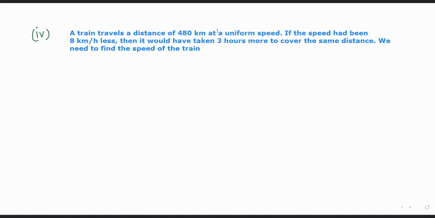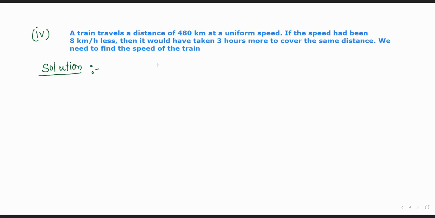All right. So you see, what is the given information to us? Let's write that first. The given information to us: the train travels a distance of 480 km at a uniform speed.